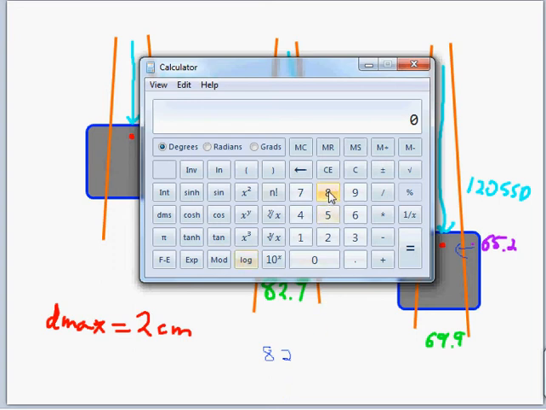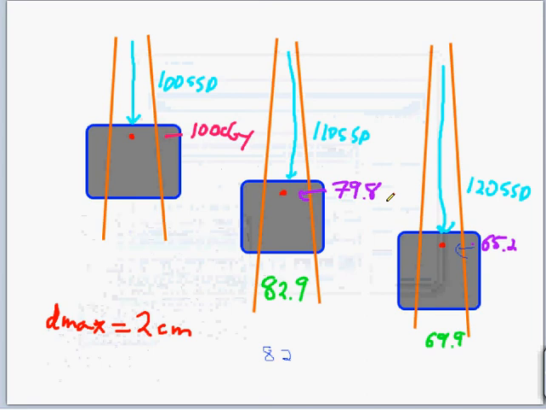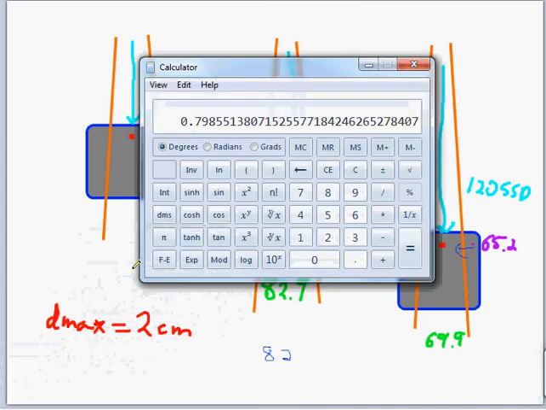And if we did our inverse squared, we'd say 84, because that's 82 plus 2 centimeters Dmax, divided by 94, and we square it, and we get 79.85. So that worked pretty good. So 79.9, that's 79.8. So yeah, 82 works pretty good for the 110.